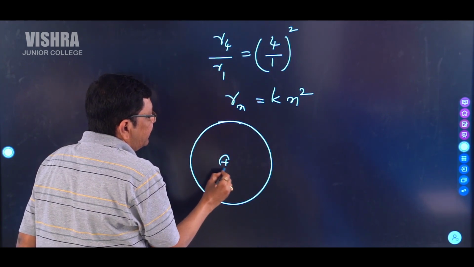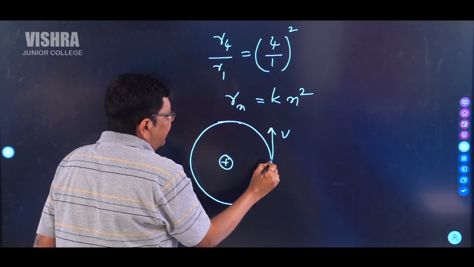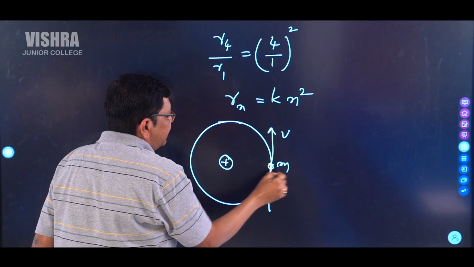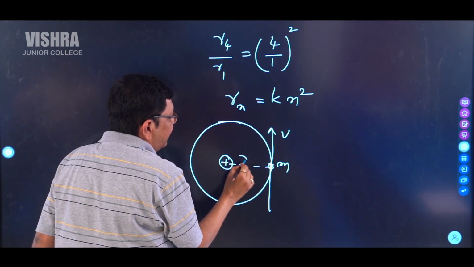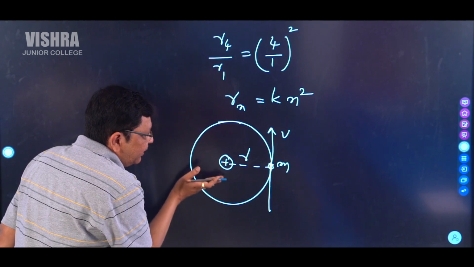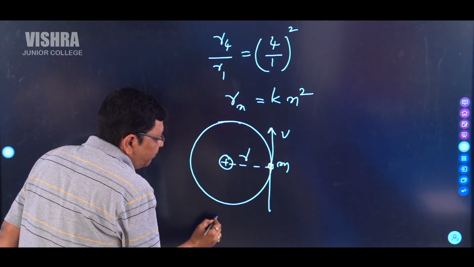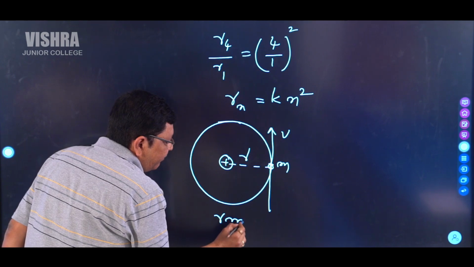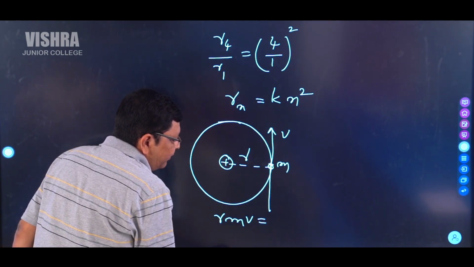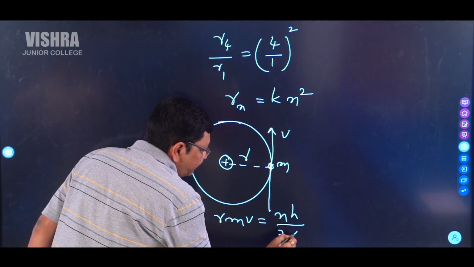When electron is revolving around the nucleus, suppose it is going with a velocity v, its mass is m, and if the radius of nth orbit is r, the angular momentum of the electron is r cross mv. Both r and mv are perpendicular, so r mv sin 90. From Niels Bohr atomic model, it is nh by 2 pi.